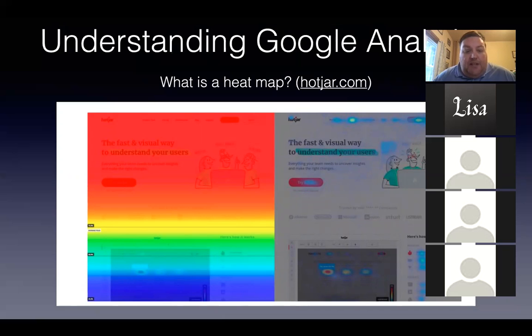As you scroll down, it starts to get lighter. About halfway down the image, you'll see a line, it's hard to see what it says, but that's the average of where a website user will go, at least in this particular case on this website for Hotjar. Below that, that's when you start losing people who want to scroll down the page.